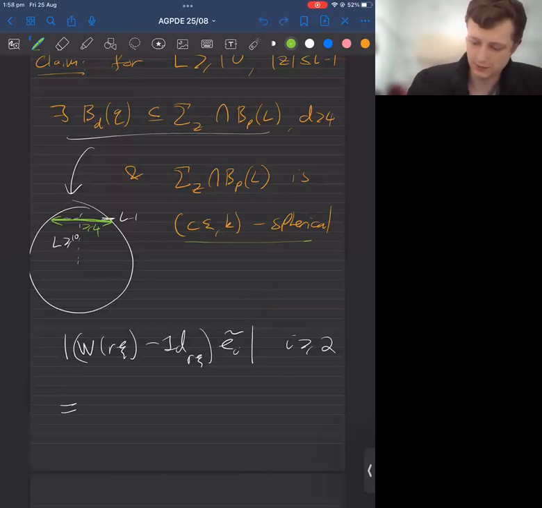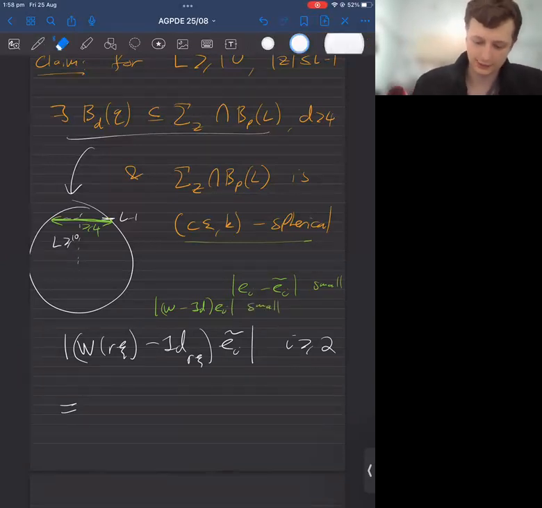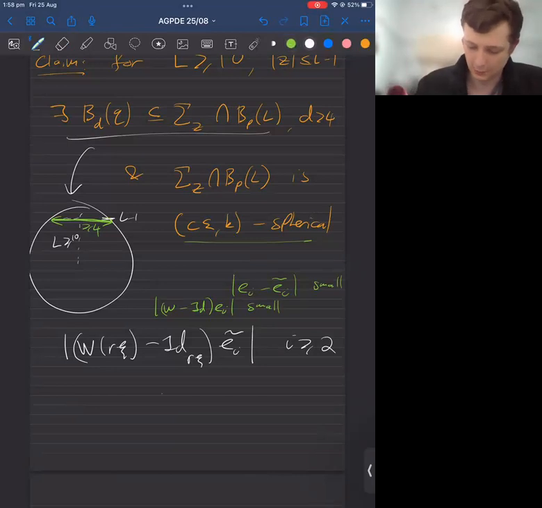Okay, so you know that EI minus EI tilde is small. And you also know that when you parallel transport back, W minus ID acting on EI without the tilde is also small, okay? And so you're going to get that this ultimately is small as well.